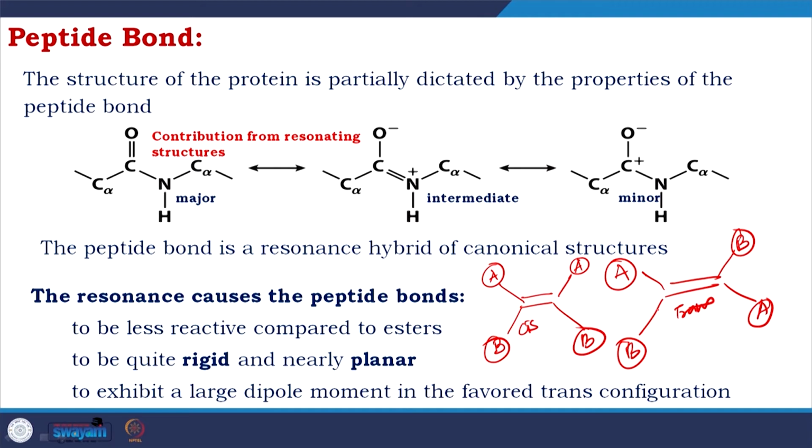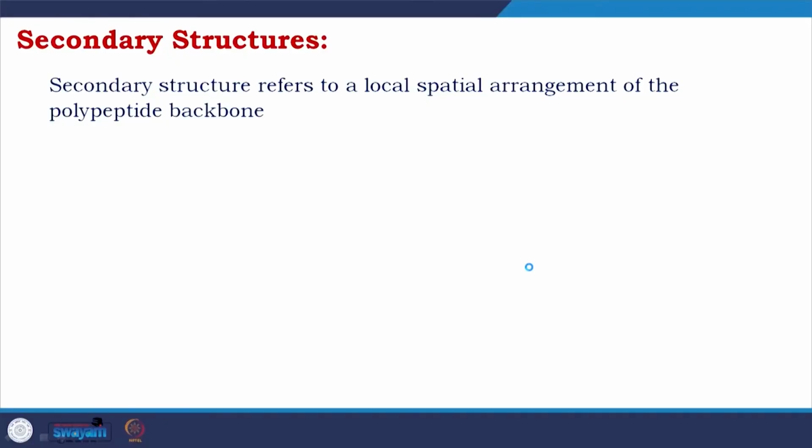You have to remember, in case of protein amino acid, this is hydrogen, sorry. So, these are the side chains. So, side chains of first amino acid and second amino acid in a peptide bond would be in a trans configuration. This brings us to secondary structures.